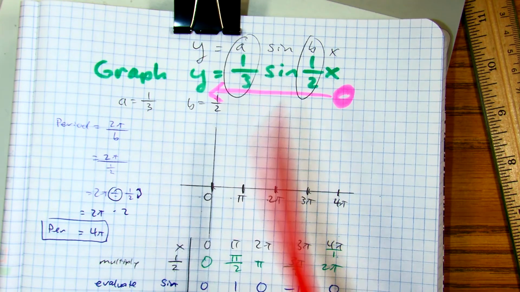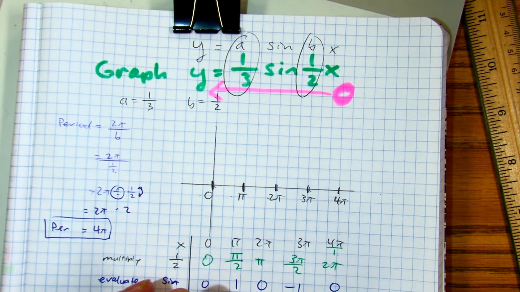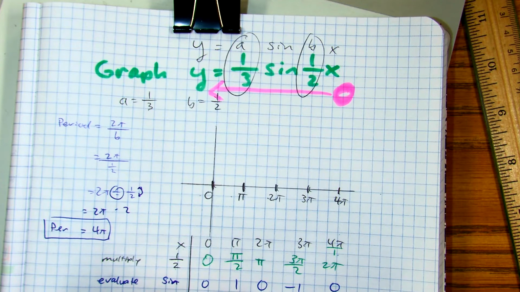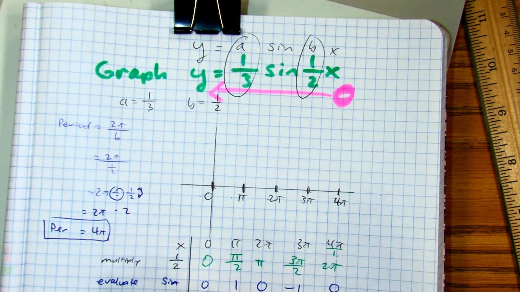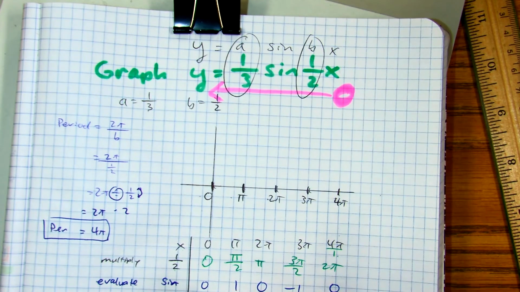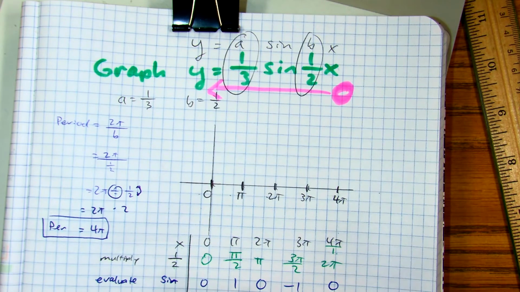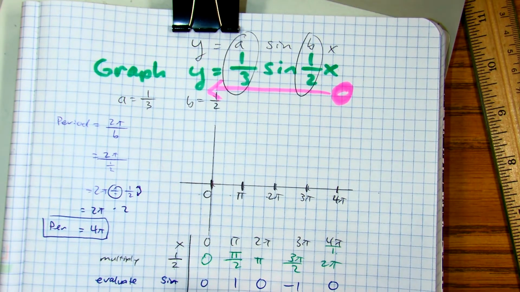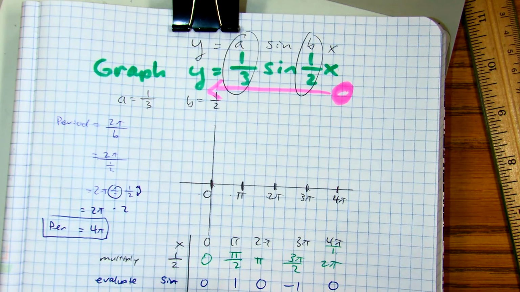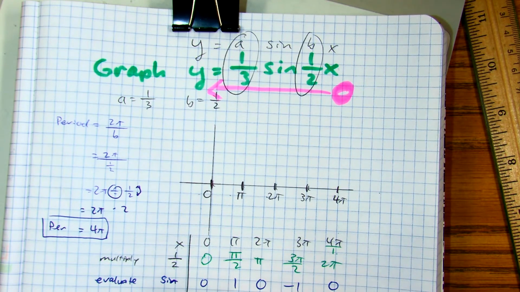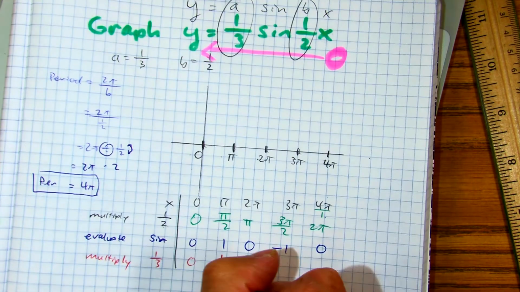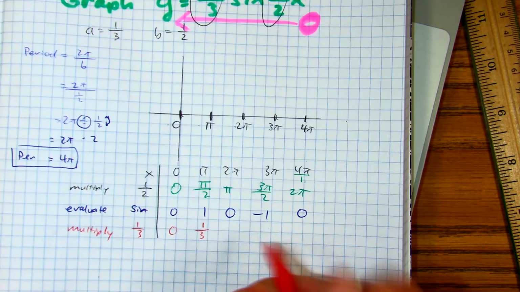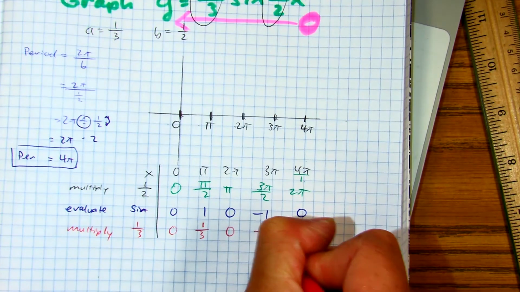Yeah, so we're going to multiply by 1/3. Jenny, go ahead and multiply all those numbers by 1/3. 1/3 times 1. 1/3. 0. Yep.